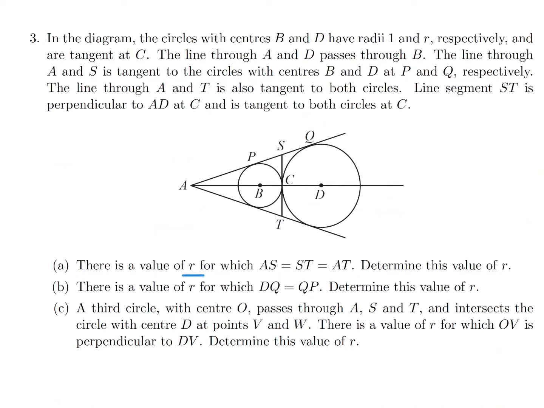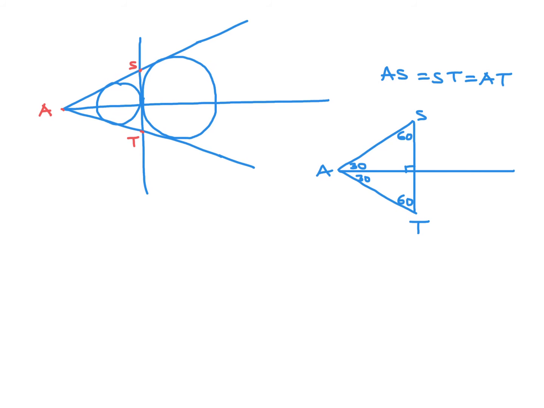Okay, and what is R again? R is the radii of the bigger circle. So if this is the center of that bigger circle right here, R would be, well, there's one way of labeling it, this is another way, and so on. And that's going to be 90 degrees.